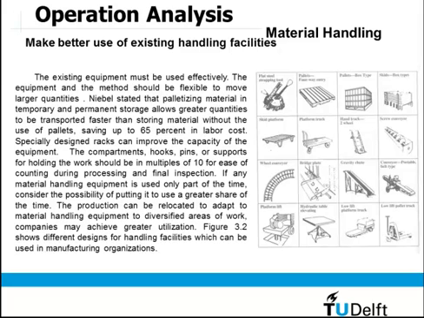The equipment and the method should be flexible to move large quantities. Neville stated that palletizing materials in temporary and permanent storage allows greater quantities to be transported faster than storing material without the use of pallets.